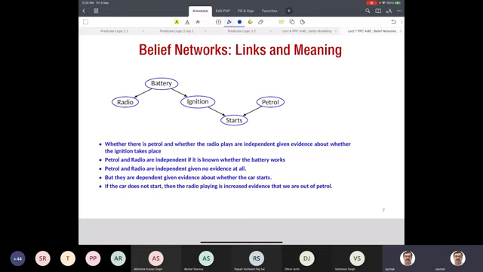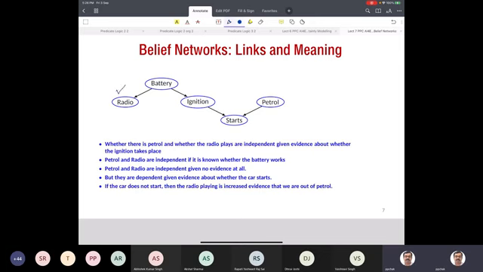Now you can notice from this diagram that there are these links, causality links, which you could have drawn in many ways. Whether there is petrol and whether the radio plays are independent given the evidence of whether the ignition takes place.